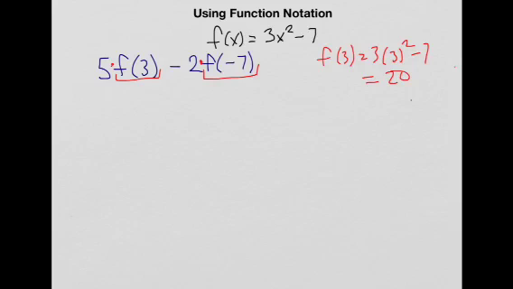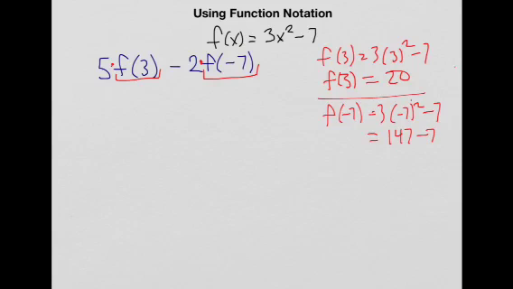Minus 7 is 20. F of 3 is 20. F of negative 7 is 3 times negative 7 squared minus 7. 3 times 49 is 147, minus 7 is going to be 140. That's my f of negative 7.